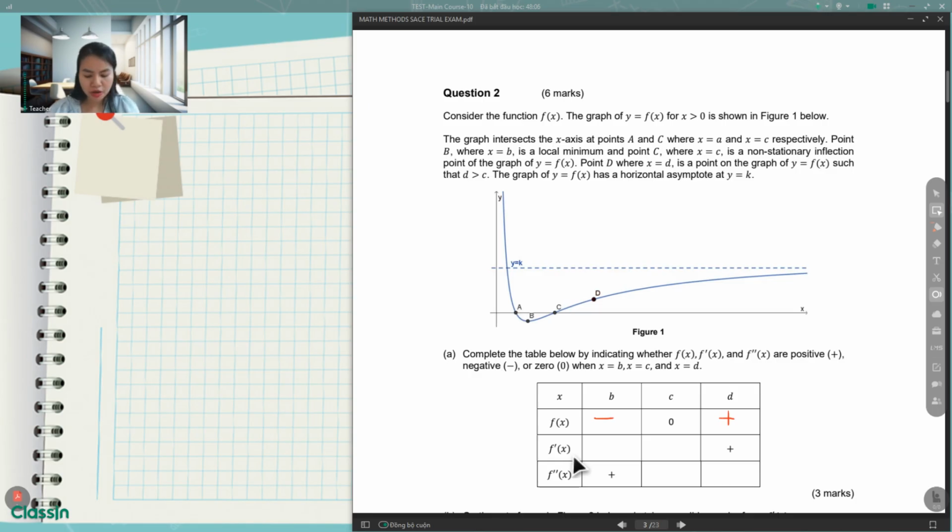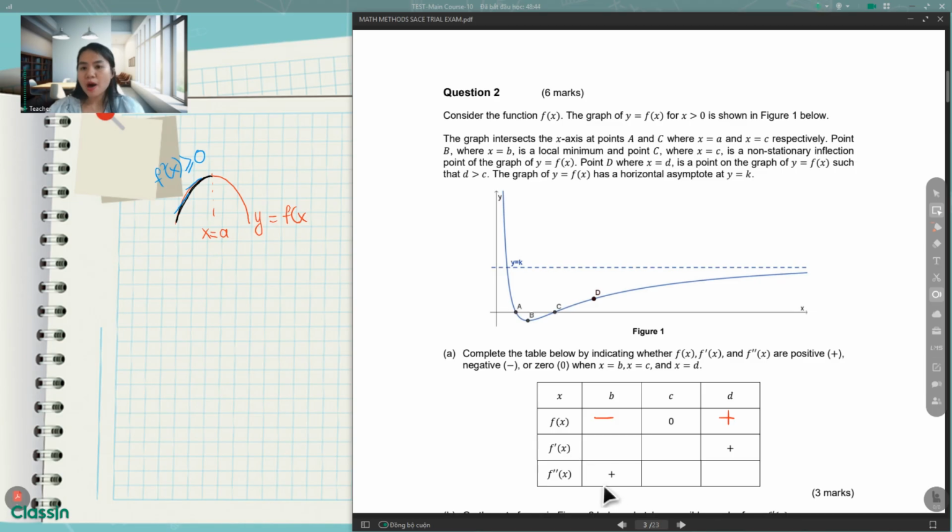So let's review a little bit about the concept. Let's say this is y equals f(x), and x equals a is a local maximum. You can see when x is less than a, the function is increasing. If you draw any tangent on the increasing interval, the tangent is going up, indicating that the slope of the tangent on the increasing interval is positive. So f'(x) is greater than or equal to 0 when x is less than a.